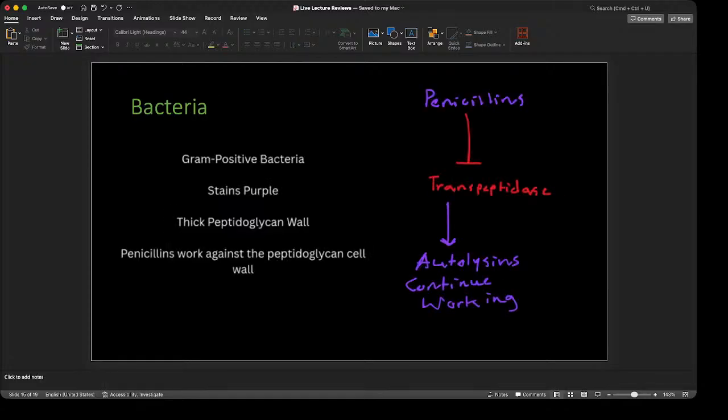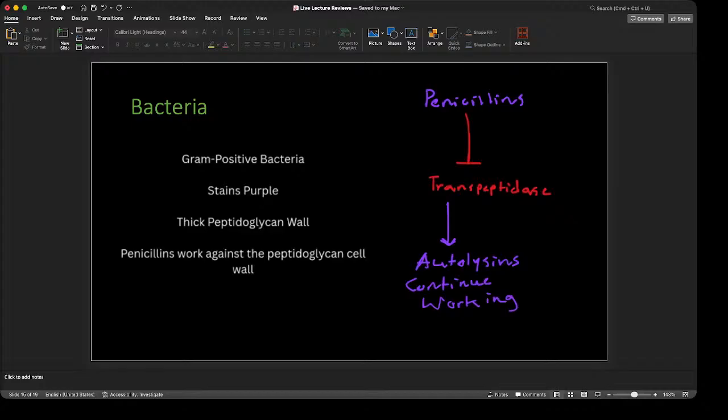Next one here I want to talk about was the bacteria concept. Gram-positive bacteria is going to typically stain purple, contain a thick peptidoglycan wall, and the penicillins work against the peptidoglycan cell.